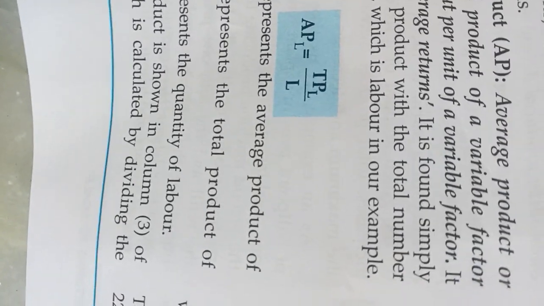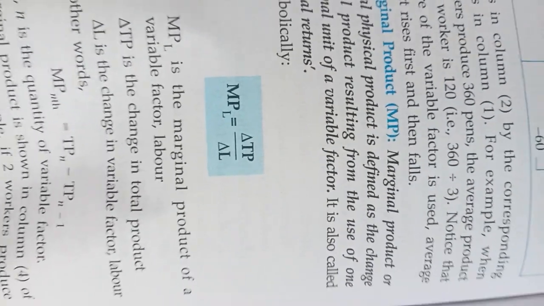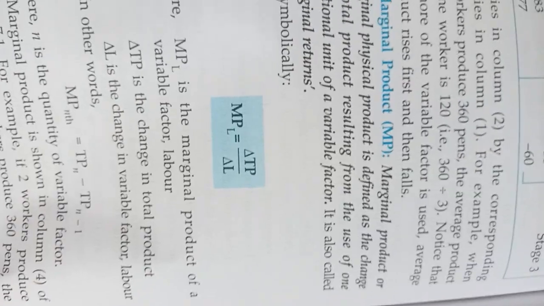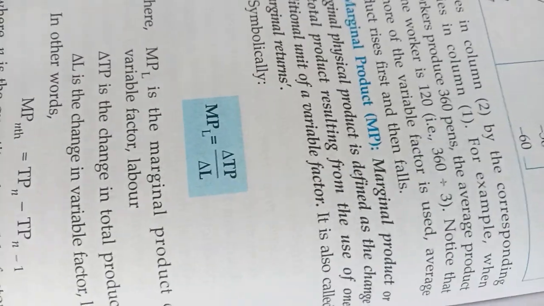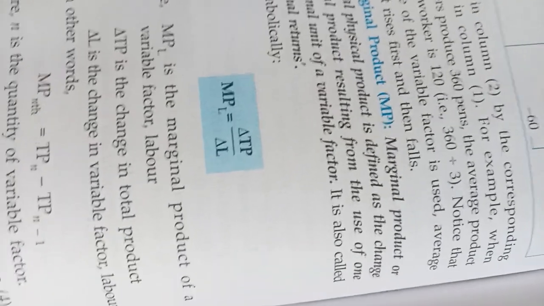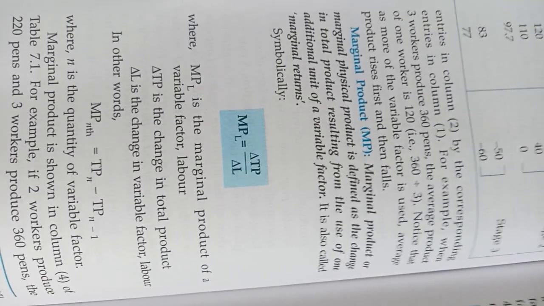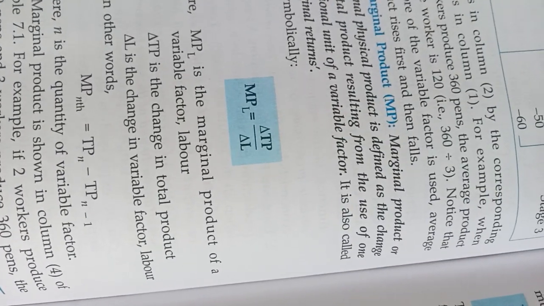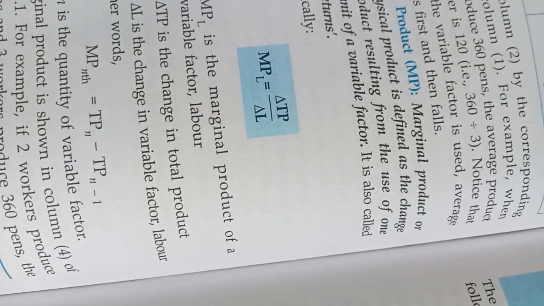This is average product. Now we come to marginal product. Marginal product refers to the change in total product resulting from the use of one additional unit of the variable factor. That means when one additional unit of the variable factor labor is employed, what is the change in the total product produced? Suppose 10 laborers were used, total product produced 120.